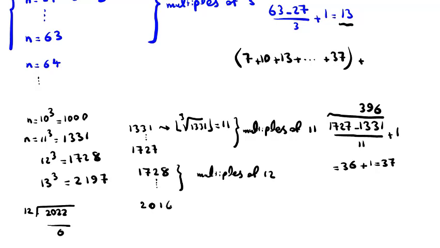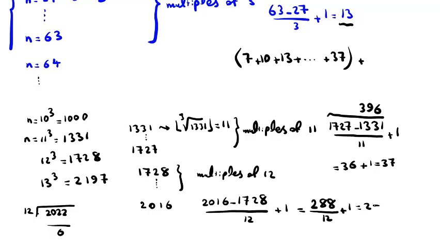So if you consider until 2016, it will be good. So it will be (2016 minus 1728) all over 12 plus 1. And if you calculate that, it will be what? 16 minus 8, 8, then 0, 10 minus 2, 8, then 9 minus 7, 2, and 1 minus 1, 0, over 12 plus 1. 2 times 12, 24, 48, 4 plus 1, 25.